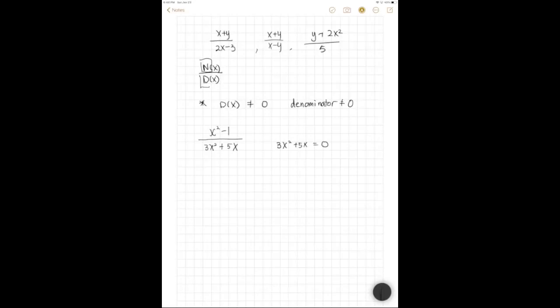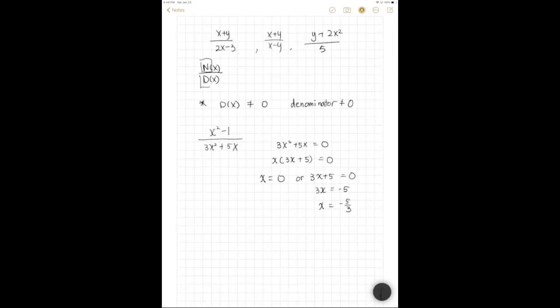Use the way that we learned in chapter 6, with fractions, we solve by factoring. So the common factor x, and then we have 3x plus 5 equals 0. That means either x equals 0 or 3x plus 5 equals 0. So we subtract 5 on both sides, 3x equals -5, x equals -5 over 3.